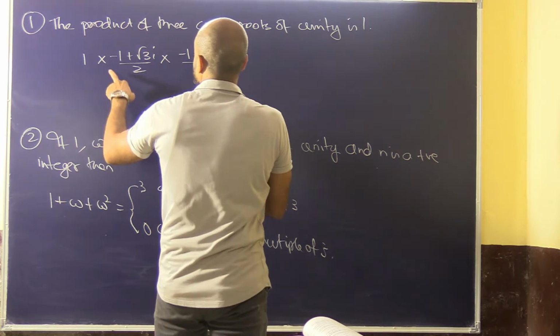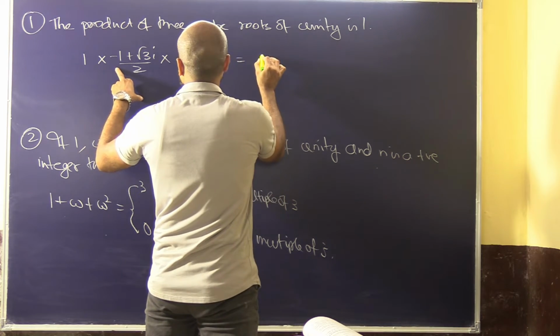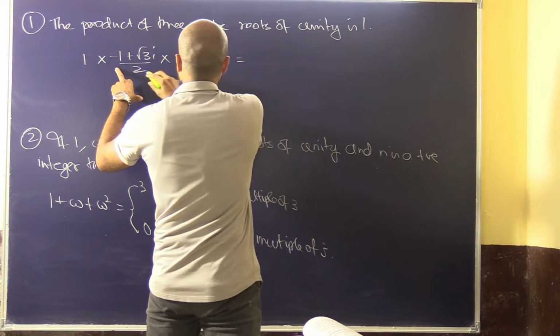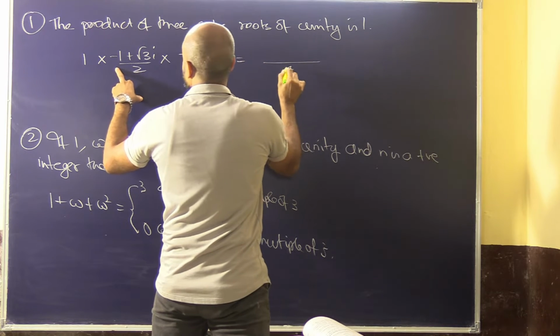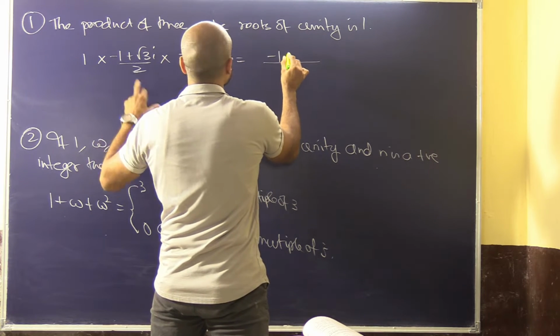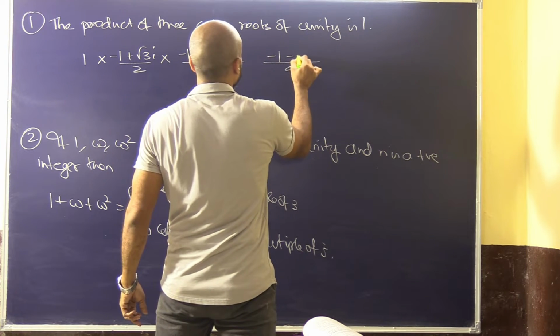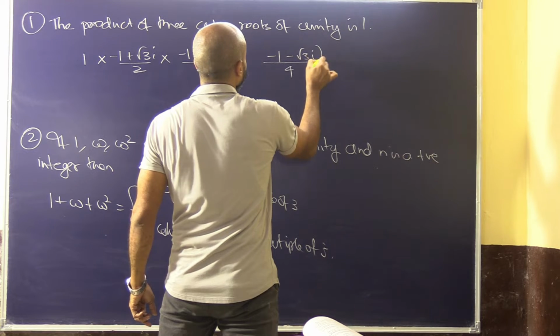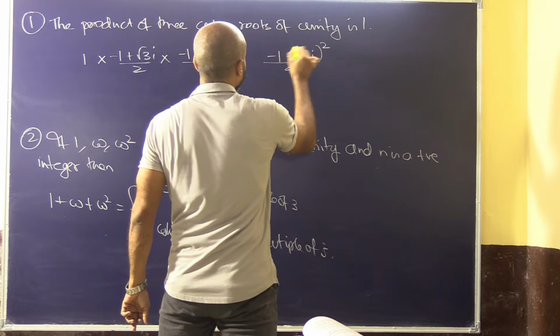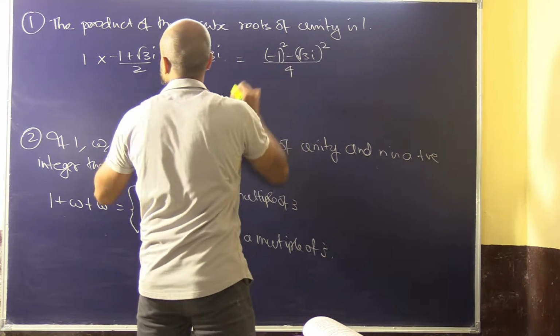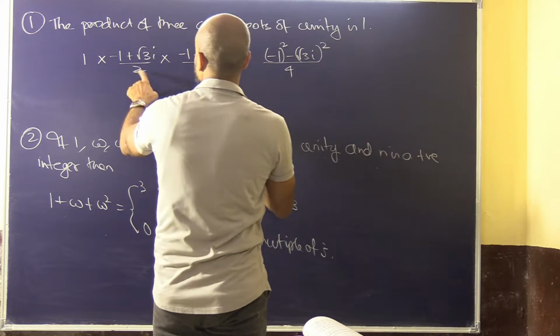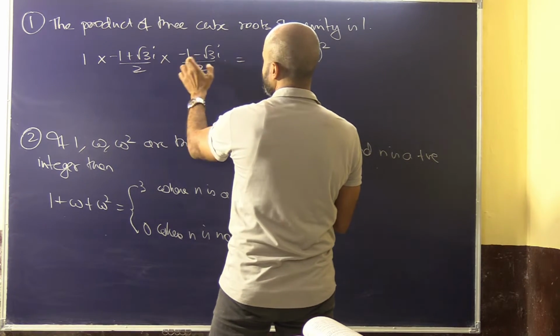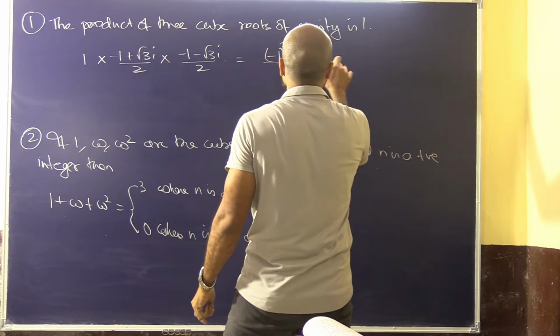We have here 1, and 2 and 2 will become 4. Minus 1 plus under root 3i into minus 1 minus under root 3i. This is a plus b into a minus b, so a square minus b square.